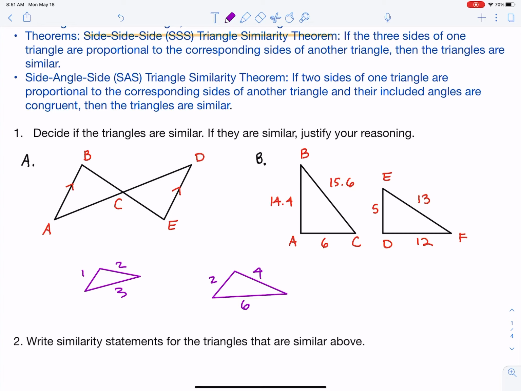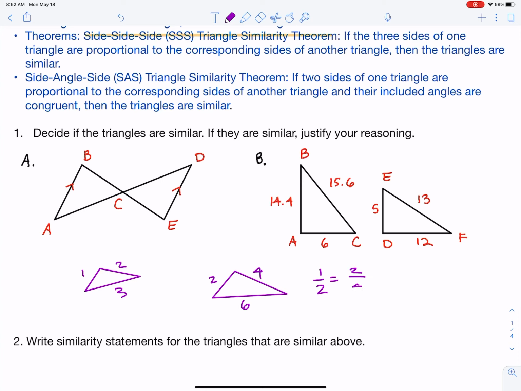If you notice, if I took the small sides and I looked at their proportion, the small side of the first triangle is 1, the small side of the second triangle is 2. So 1 is to 2. That's a ratio, right? If that ratio stays the same for all 3 sides, so now let's look at the middle size ones, which are length 2 and 4.